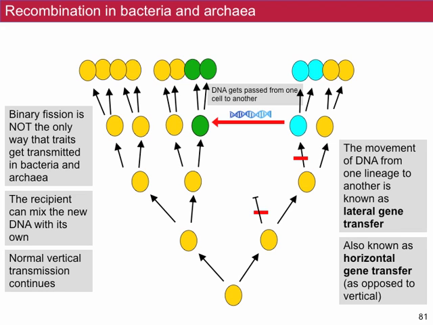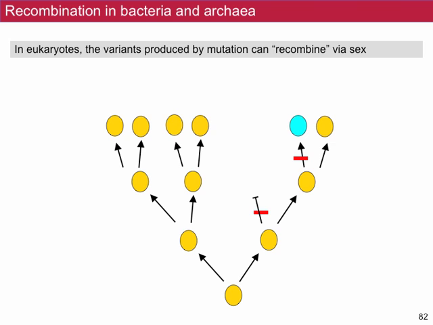So we have mutations accumulating by the default asexual reproduction that happens in different eukaryotic lineages. And then two organisms will produce gametes via meiosis. You will have fertilization and get a new offspring, and that offspring can then reproduce.